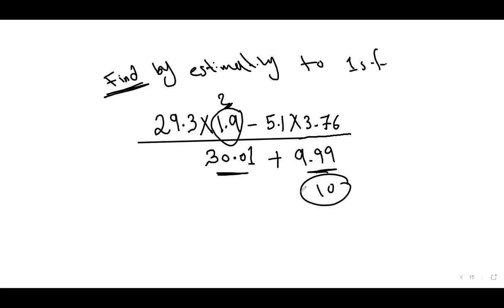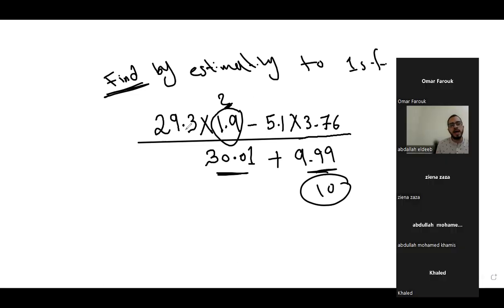I forgot, I didn't notice it. Omar, here it's 29.3. 3 is a poor number actually. So it will be poor. 29 only. Oh, okay. Thank you.